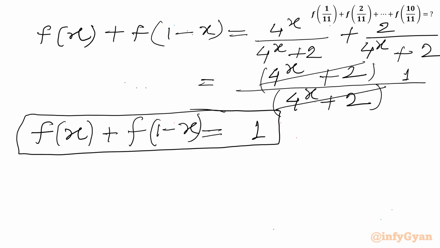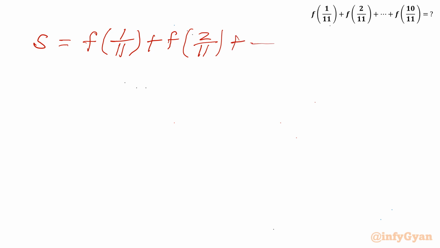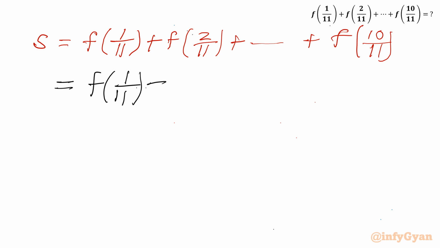Let's use this result for our sum calculation. So I will write our sum S as f of 1 over 11 plus f of 2 over 11, up to the last term, f of 10 over 11. Now I will club first and last, second and second last, third and third last f values like this: f of 1 over 11 plus f of 10 over 11.